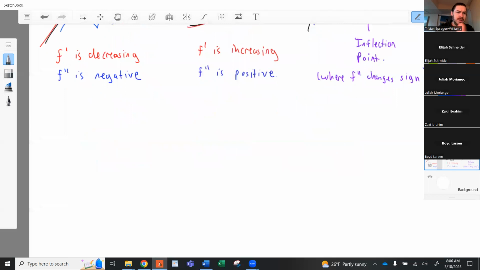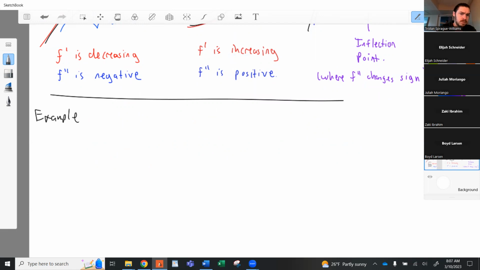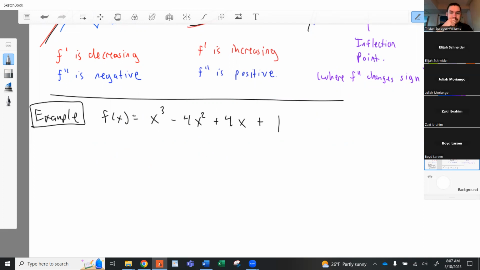So let's take, for example, f of x is x cubed minus 4x squared plus 4x plus 1. Okay.